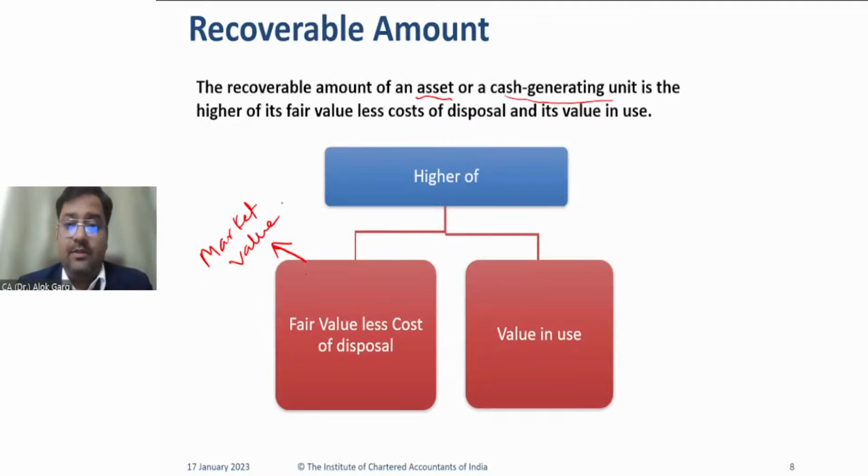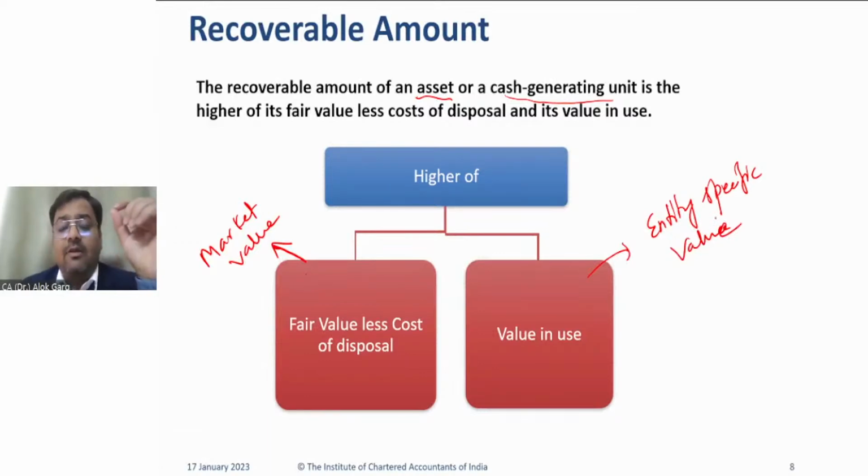Value in use is not market value. It's an entity specific value. So fair value less cost to sell is like a value which you get by selling the asset.